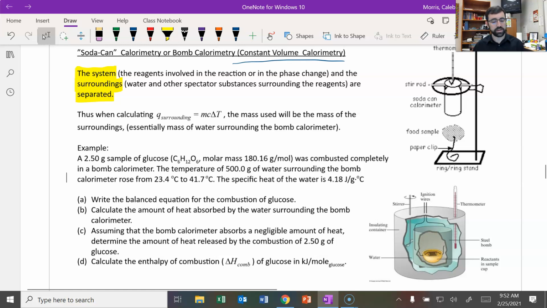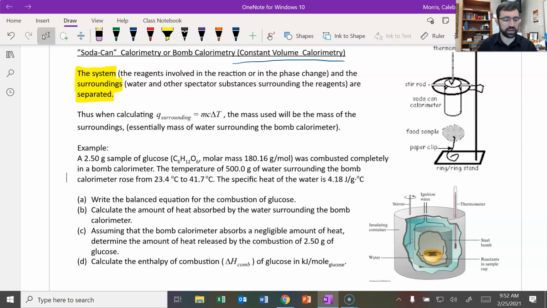We can't measure the system, so when we're determining the heat of the system, you measure the temperature change, the mass, and all the information to do with the surroundings. And we take the negative of that value to find out what heat was produced by the system.